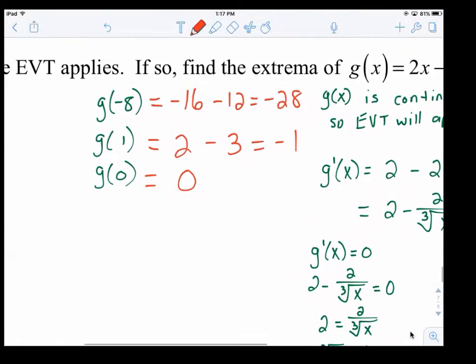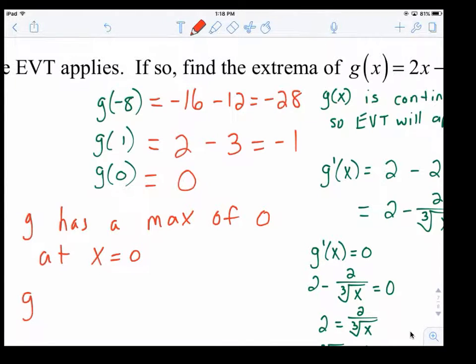So what does that tell you? A max of 0 at x equals 0. Yeah, you can either write max or absolute max. They mean the same thing.